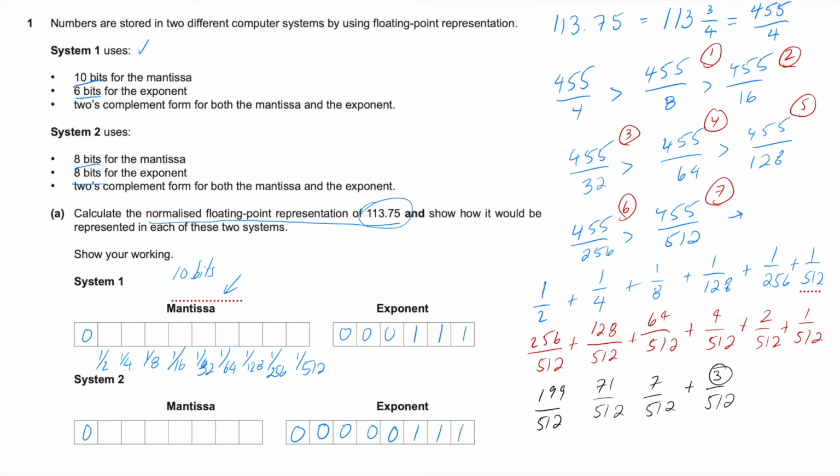So we're going to put a 1 here for 1/2, 1 for 1/4, 1 for 1/8. And then our next ones are going to be 1 over 128, 1 over 256, and 1 over 512. So you have 0, 0, 0. But unfortunately in system 2, we only have 8 bits. So we can't really represent this entire mantissa.